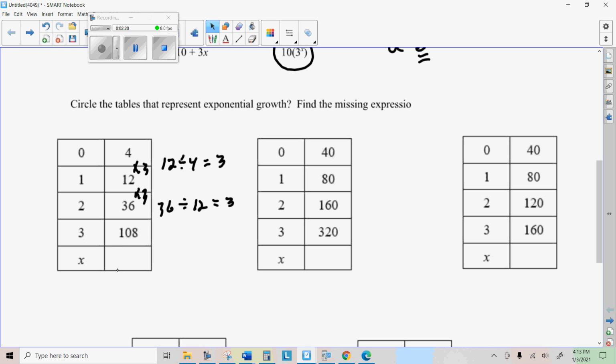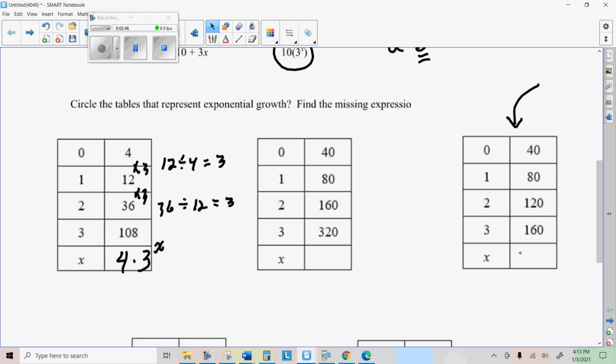And so the expression you're going to write is whatever you start with. So this one starts at 4, and then times whatever you're multiplying by, and then to the x power. Okay, so you're going to circle the ones that are exponential, and if it's not exponential, like I'm going to find one here that is not exponential. Seems like on this one we're adding 40 every time.